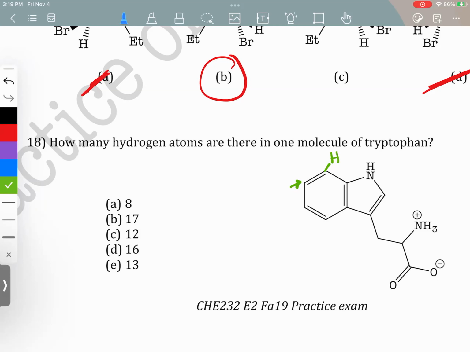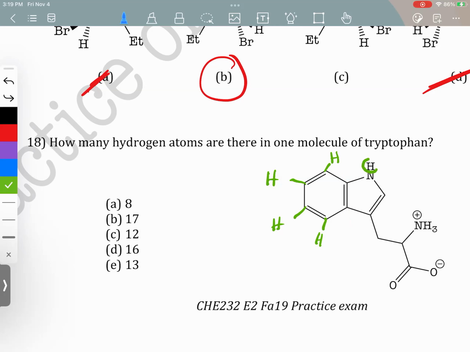Same, one. This one, it will have one. Are there any hydrogens on these carbons here? No. You already have 4 bonds with all carbons besides hydrogens, otherwise you'll violate the octet rule. So no hydrogens on those carbons.